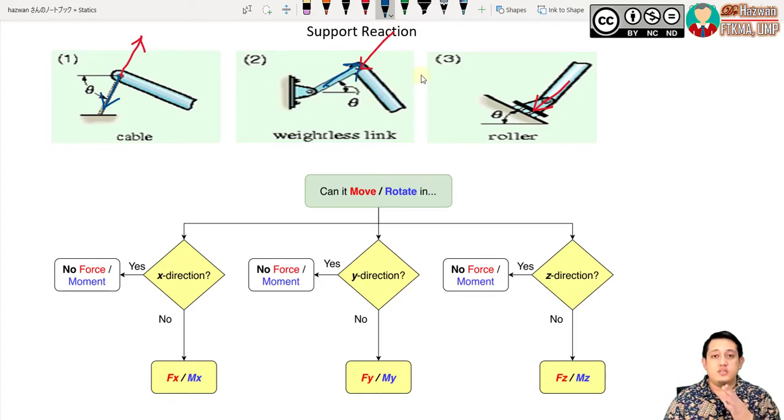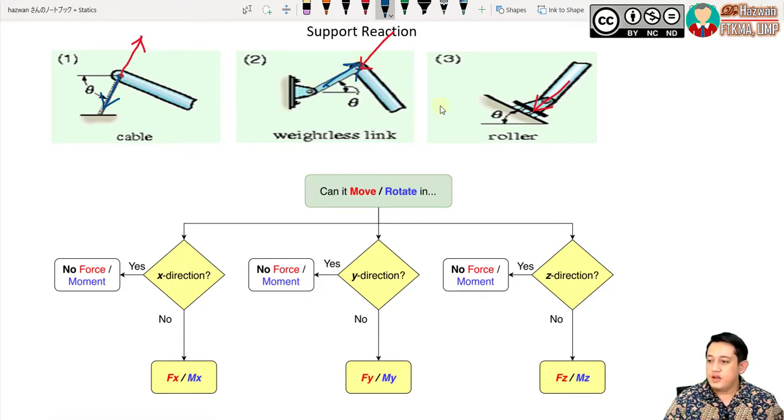Reaction force is something that, when we push like this to make it stop, we need another force pushing back to prevent it from moving. So when a force is applied in this direction, we will have a reaction force pointing in the opposite direction.